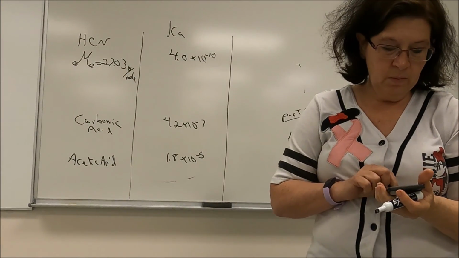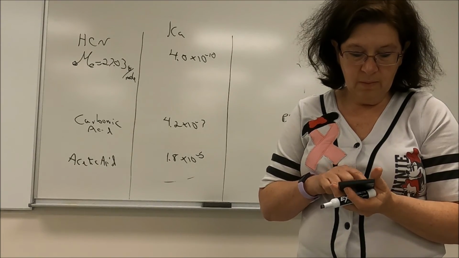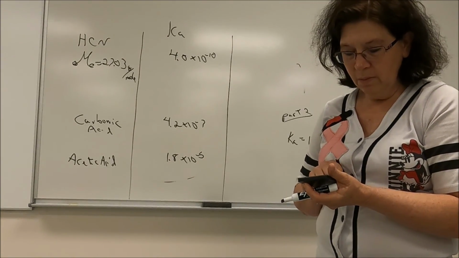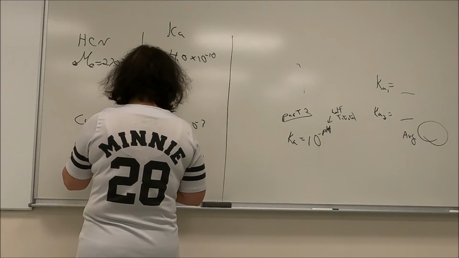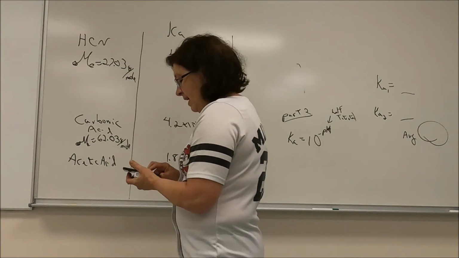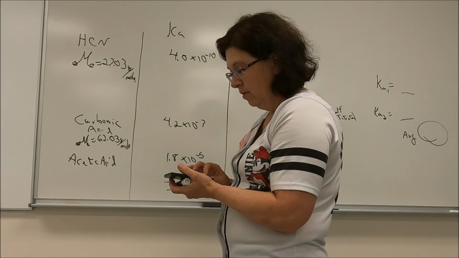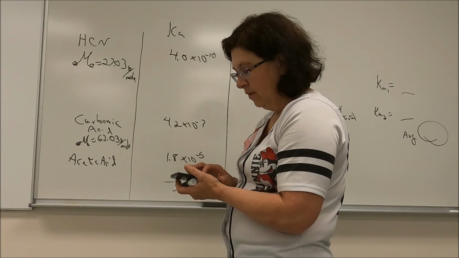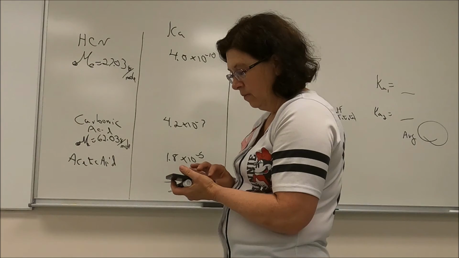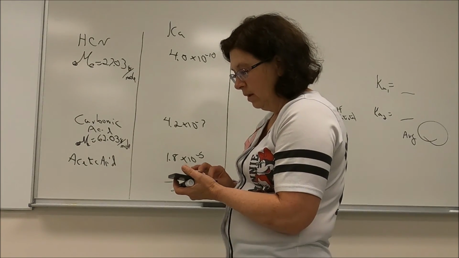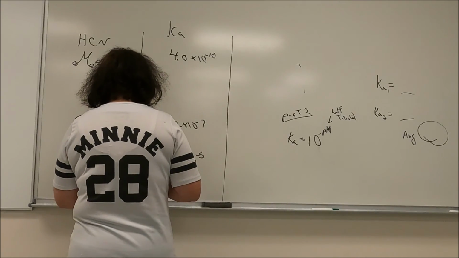Carbonic acid has a molar mass of 62.03 grams per mole, and acetic acid has a molar mass of 60.52 grams per mole.